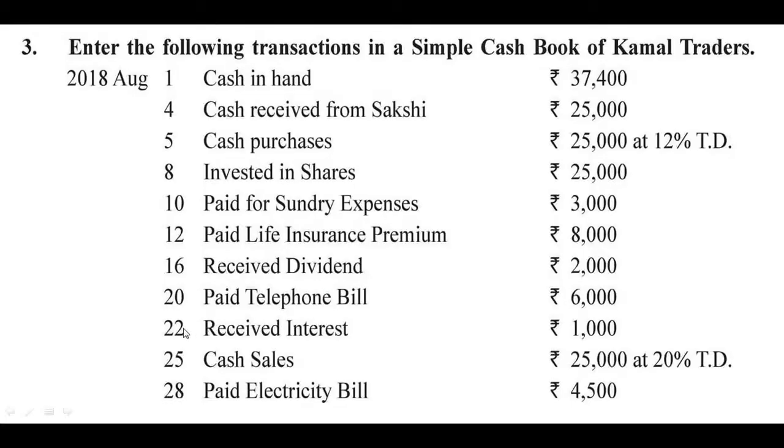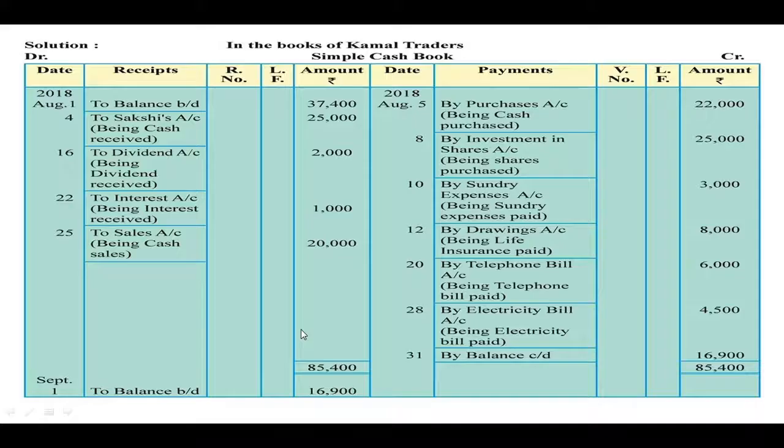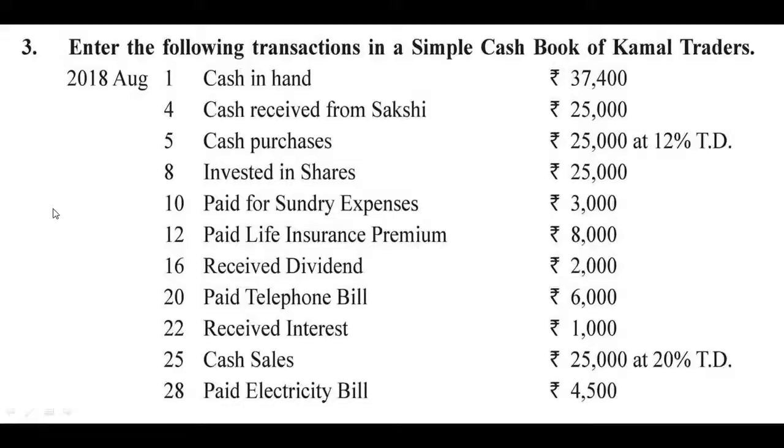Then 22nd August, received interest 1,000. Cash comes in the business, so it will be recorded on the debit side, 22nd August, to interest account 1,000. Then 25th August, cash sales 25,000 at 20% trade discount.